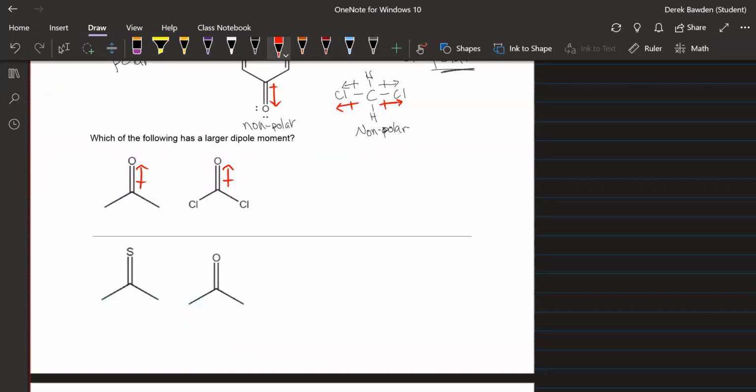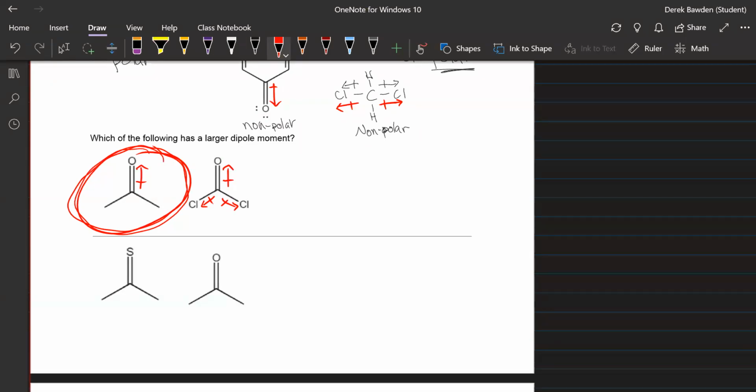Left. Because these chlorines are pulling electron density opposite, not exactly opposite, but in a different direction from the oxygen that's pulling up. Okay, so this oxygen isn't having to compete with any other electronegativity, so it's going to have a larger dipole moment.